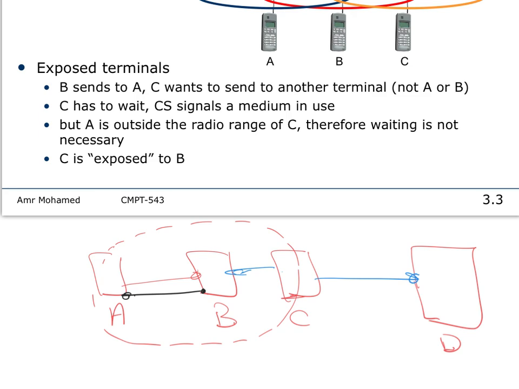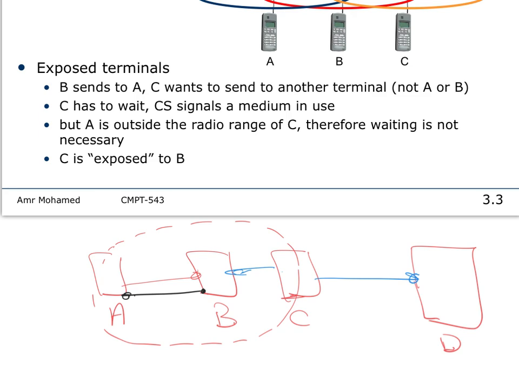And if C tries to send to D, there will be no collision happening at all, because A and D are very far apart. Is that clear? But C will not send. C will clearly not send, in which case we waste the opportunity of the transmission.